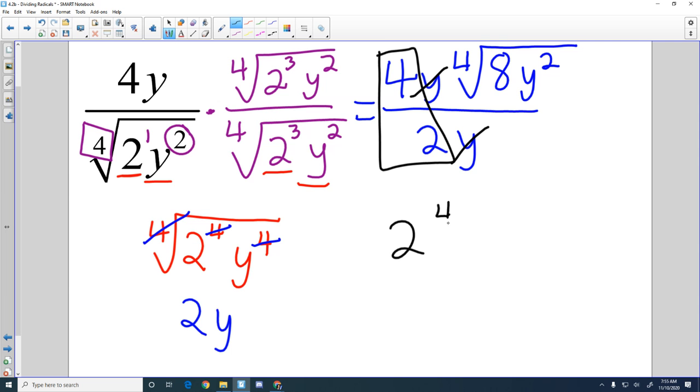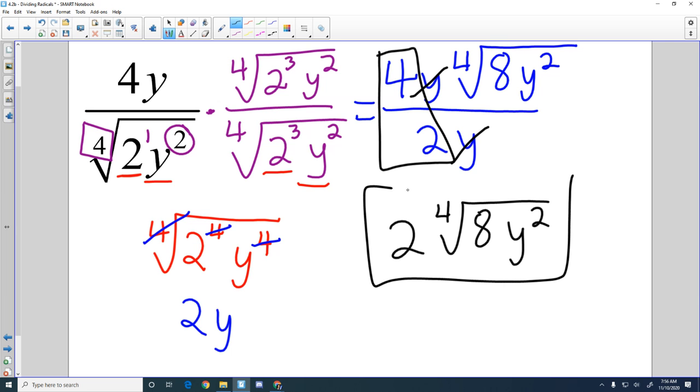And then all we're left with is this root, the 4th root of 8y squared. And I can't break that radical down anymore because 8 is only 2 times 2 times 2, right? I only have 3 2's. And I only have 2 y's. And because the index is a 4, I would need 4 of a kind to escape the radical and move out in front. So these are simplified completely. 2 4th root of 8y squared.